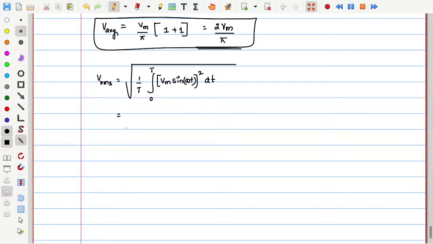So 1 by T into, let me write here, Vm I will bring out of the integration, so it becomes Vm square, then sin square. Can I write sin square theta as 1 minus cos 2 theta by 2?